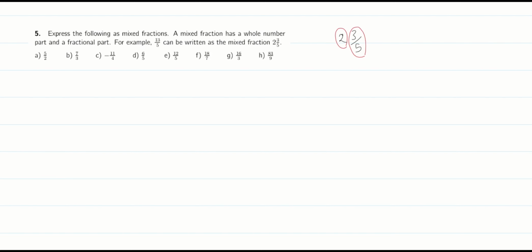Now, in order to actually convert these improper fractions into mixed fractions, you have to follow 3 steps. The first step is that you have to divide the numerator by the denominator. The second step is the quotient becomes the whole number. So after you calculate the division, the whole number would be the quotient in here.